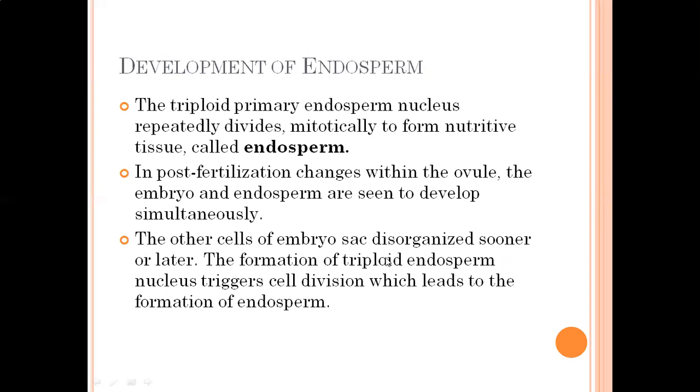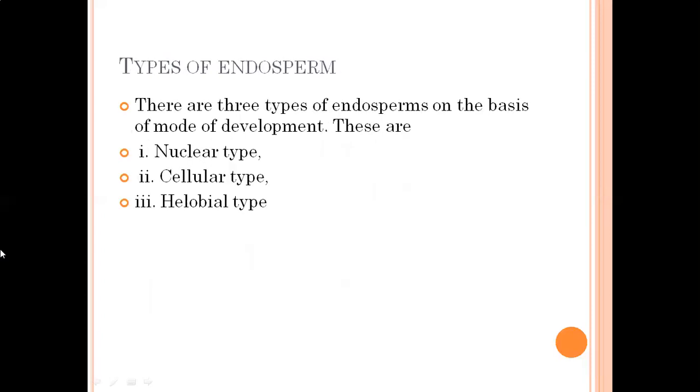Now, there are three types of endosperm on the basis of their mode of development. First is the nuclear type of endosperm, second, the cellular type of endosperm, and third, the helobial type of endosperm.